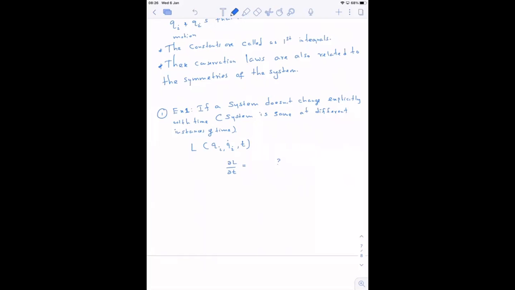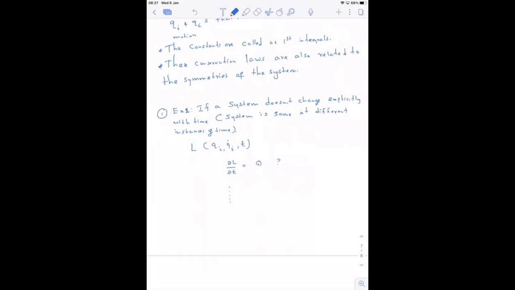Since you gave the answer, let me go through this. Partial L over partial t is equal to 0, and I want you to prove that this will be 0, your answer is correct.